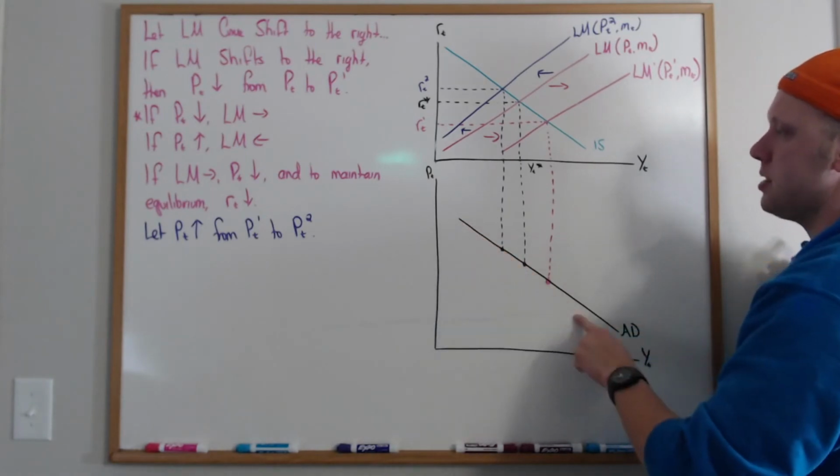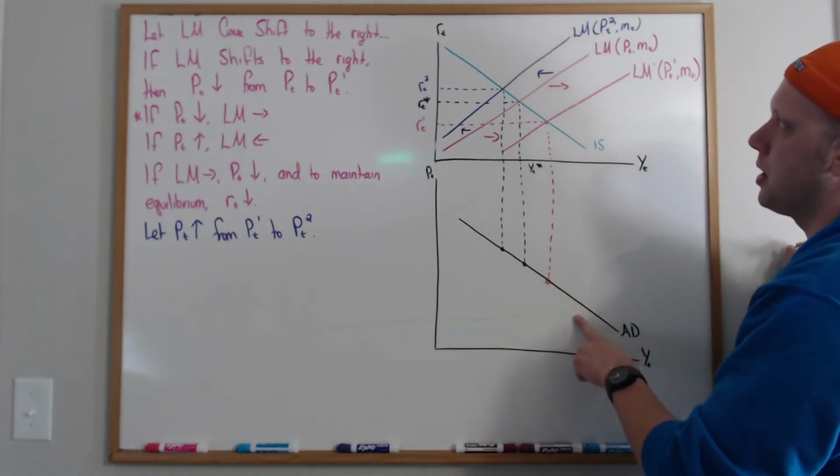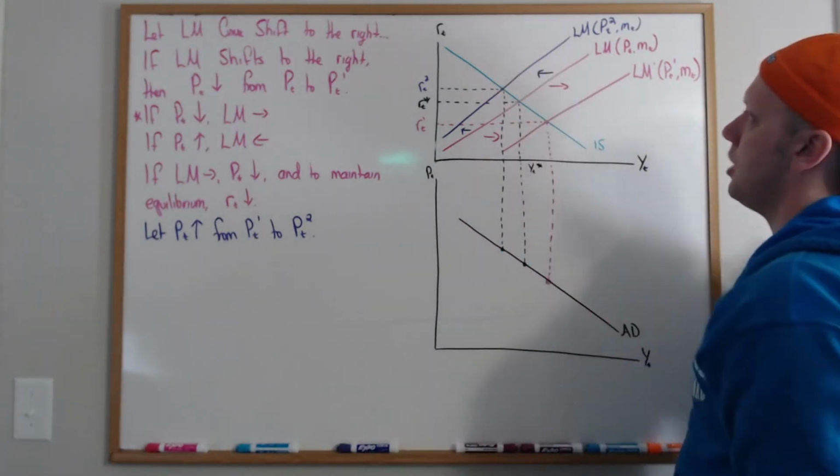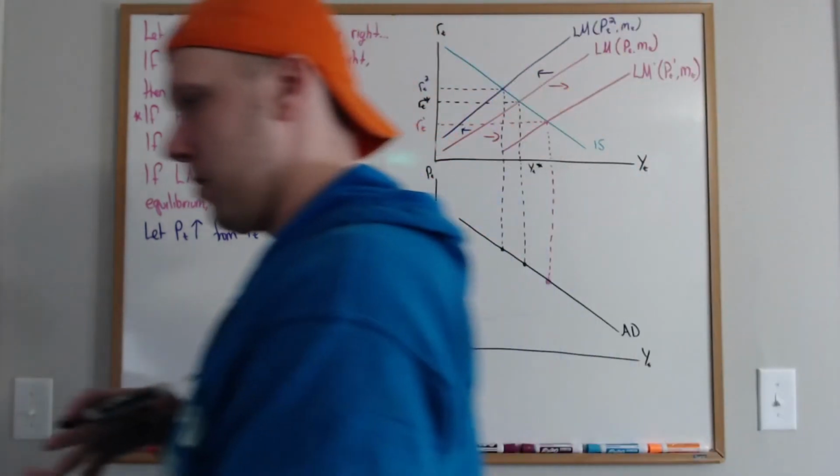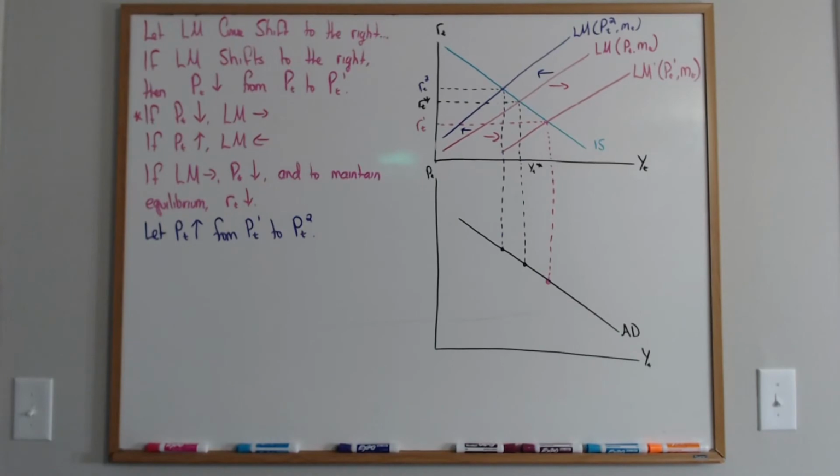So that explains how aggregate demand is downward sloping if we've got this equilibrium right here in both goods markets and money markets. When goods markets are clearing and money markets are clearing, we're in what's known as a general equilibrium. All that fancy general equilibrium modeling stuff that we went over, that was dynamic, this is static.